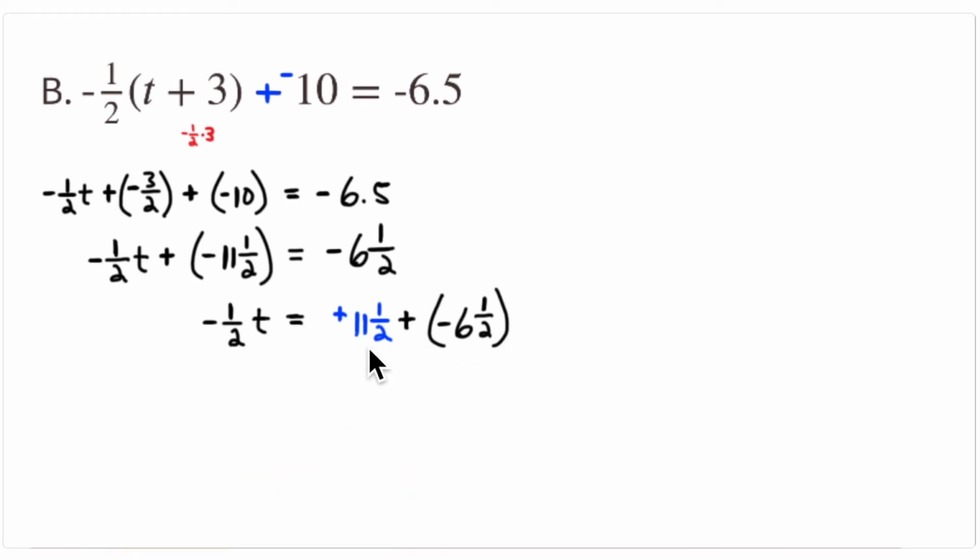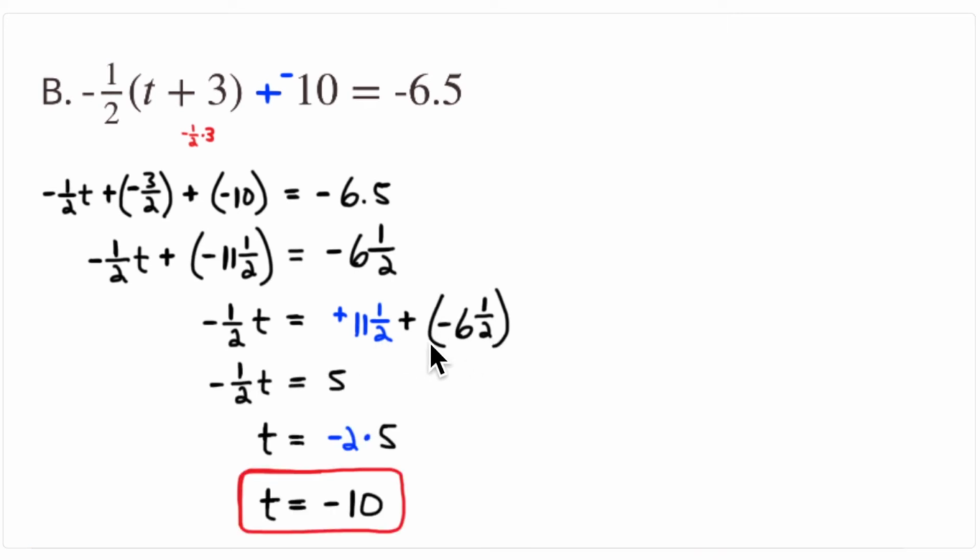If you separate each of these mixed numbers out into adding the fraction plus the integer, then you get a positive 11 plus a positive 1/2 plus a negative 6 plus a negative 1/2. Well, that positive 1/2 plus a negative 1/2 equals 0. And so you're left with 11 plus negative 6. 11 plus negative 6 equals 5.